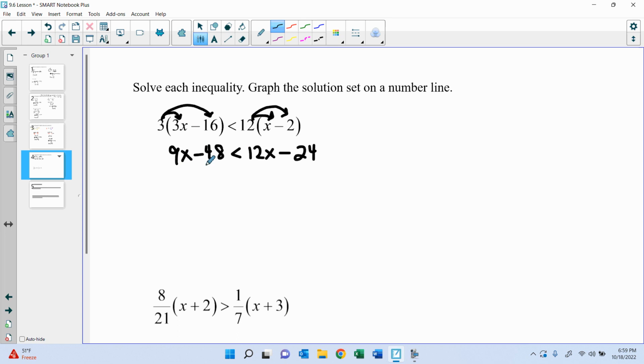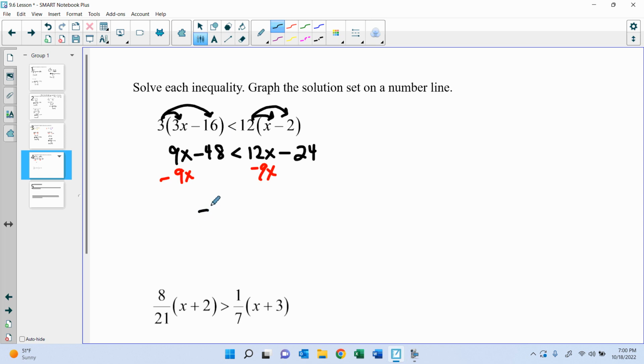Now, again, just like always, we act like this is a brand new problem. So we want to leave the x in front positive so that we don't have to remember to flip when we multiply or divide by a negative. So we're going to subtract 9x. That leaves me a positive x. As you can see, you'll have 12 minus 9x.